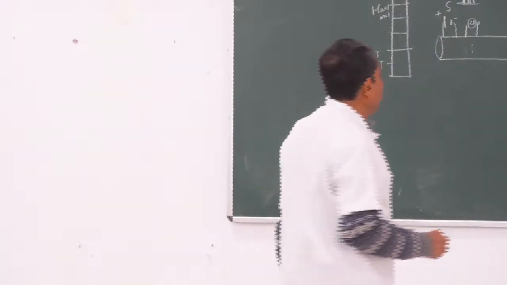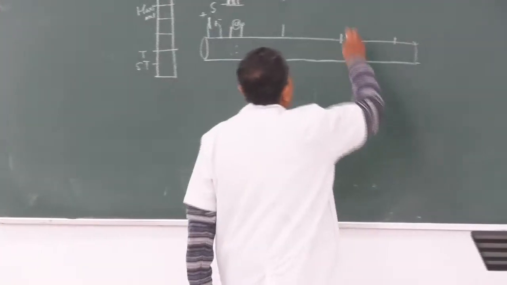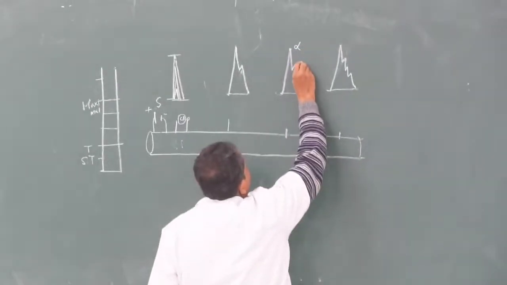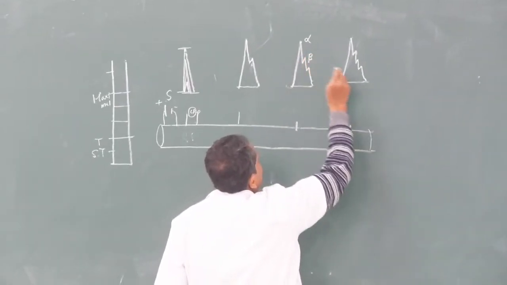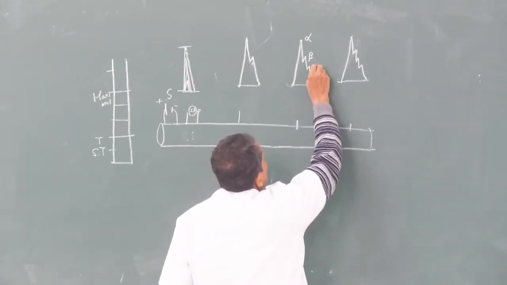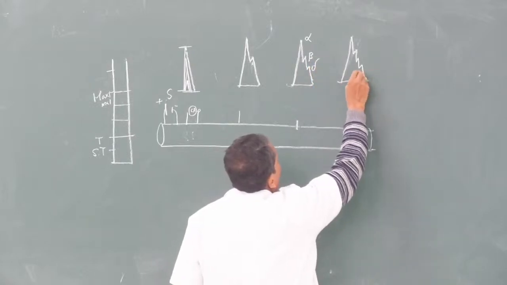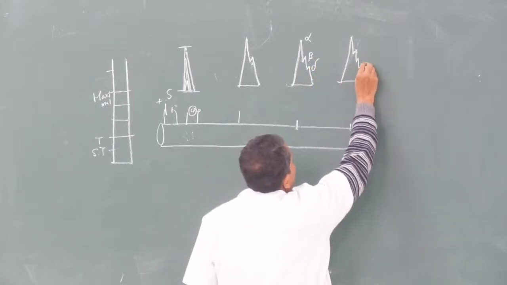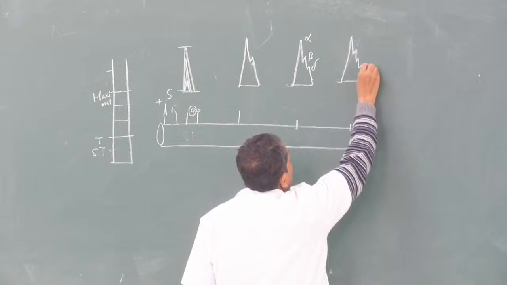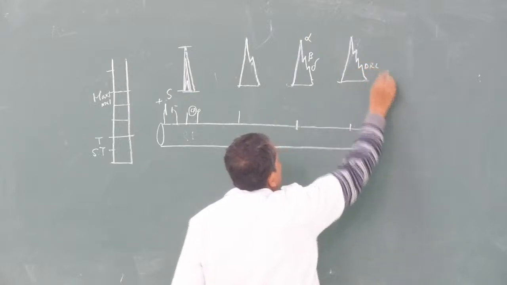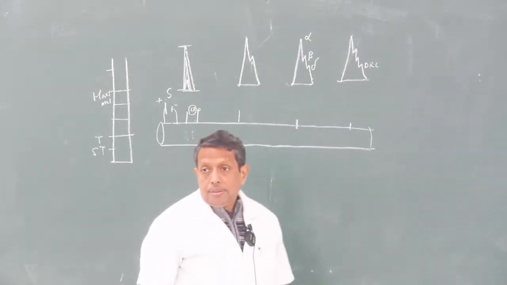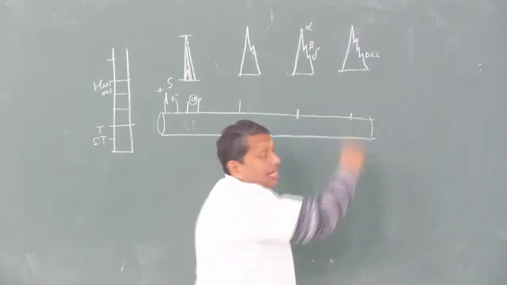Suppose you consider this the alpha fiber, this the beta fiber, and this the delta fiber, or another type of fiber, dorsal root C fiber or so. So different types of fibers are there.